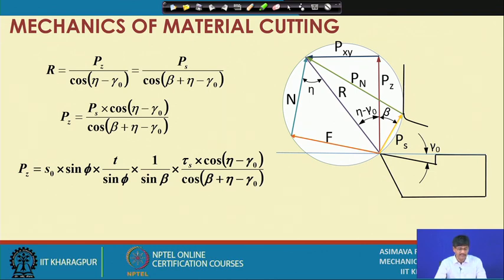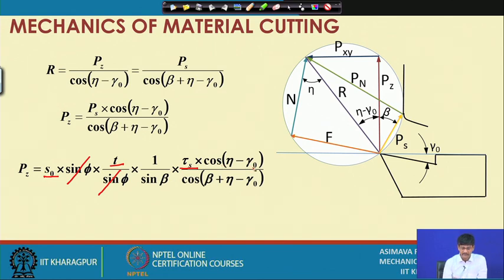So, that sin phi cancels out, and we have S 0 into T into tau s into all these trigonometric functions sin beta, cos beta plus eta minus gamma o and cos eta minus gamma o.